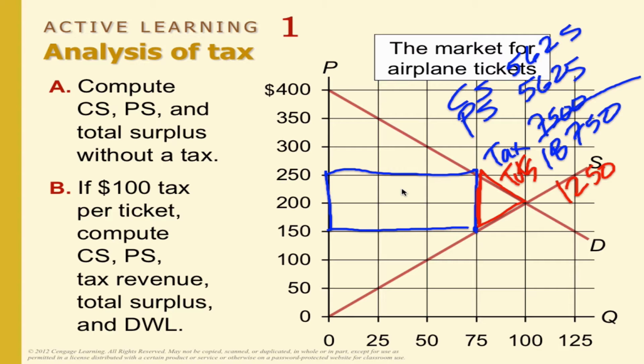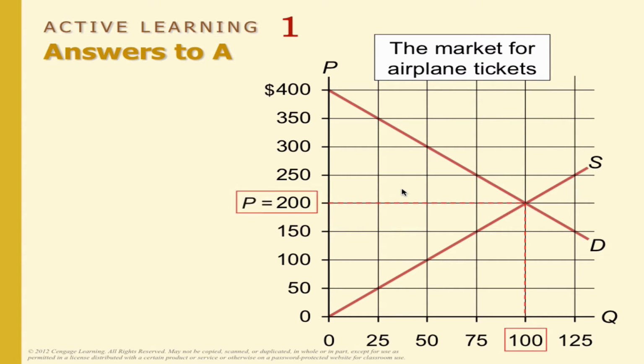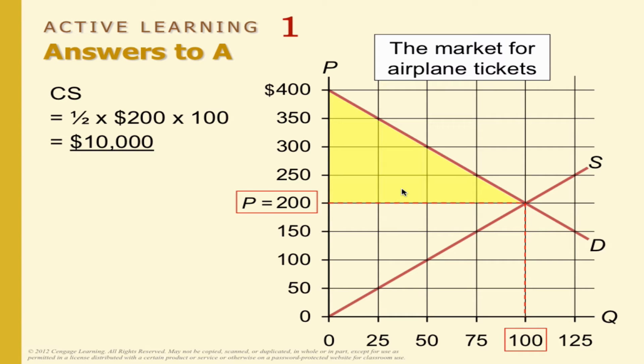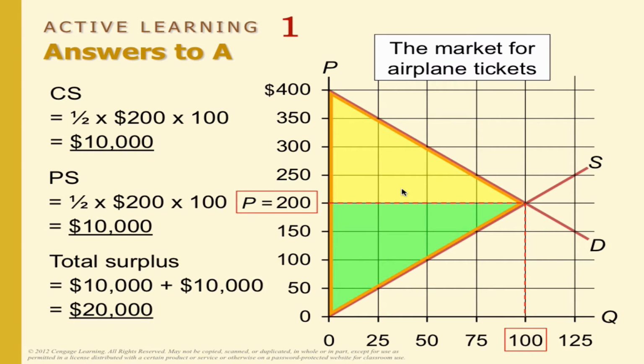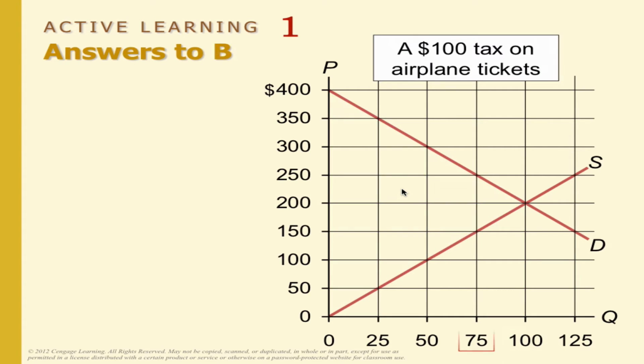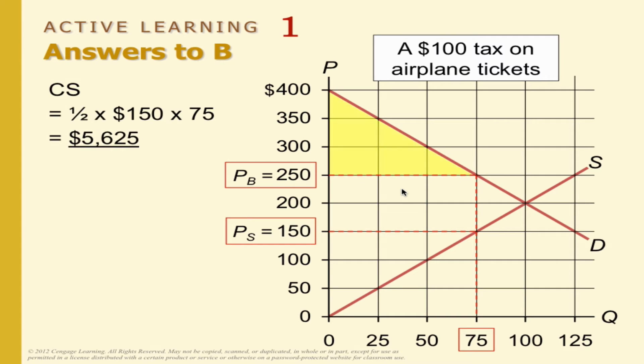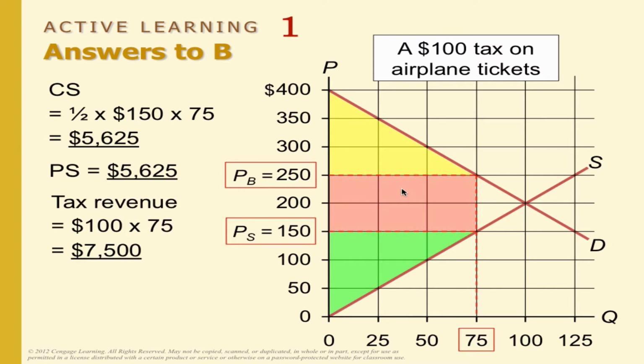So we'll step through it here and see if we're right. 10,000, 10,000, yay, we win. 20,000, so we were right all through this. 250 and 150, so we were right there. 56.25, 56.25. Tax revenue was 7,500. Total surplus 18,750.